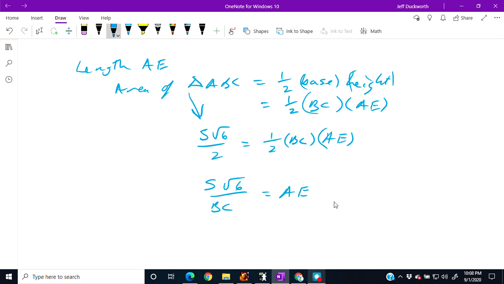And AE is what we're looking for. Well, essentially, we need the magnitude of BC. And that should give us our answer.